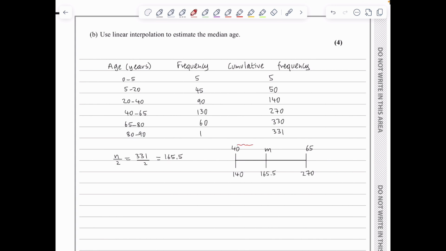The small gap over the small gap is equal to the big gap over the big gap. This leads to M minus 40 over 165.5 minus the 140 being equal to 65 minus 40 over the 270 minus the 140.